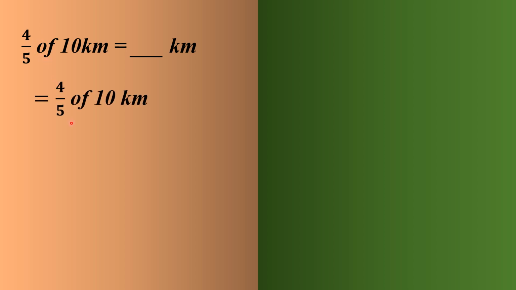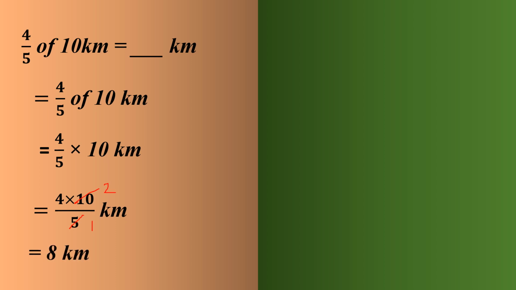So here it is 4 by 5 multiply 10 kilometer. Now just solve this. 4 into 10 by 5 kilometer, and it is 5 ones are 5 and 5 twos are 10. So we can simplify here like this, and we will get 4 twos are 8 kilometer.